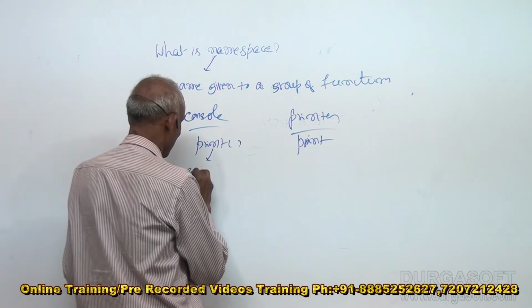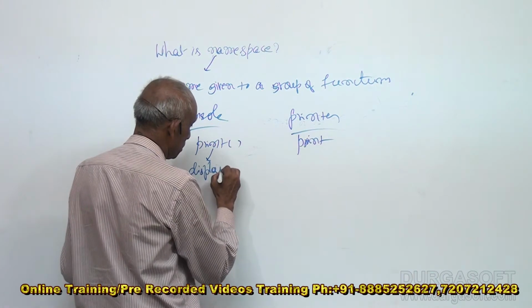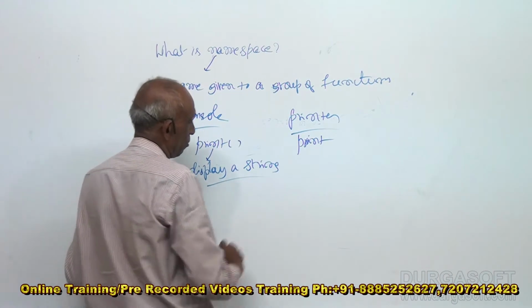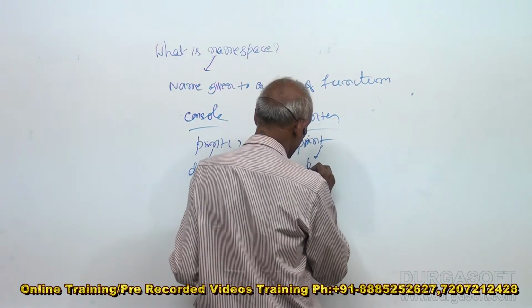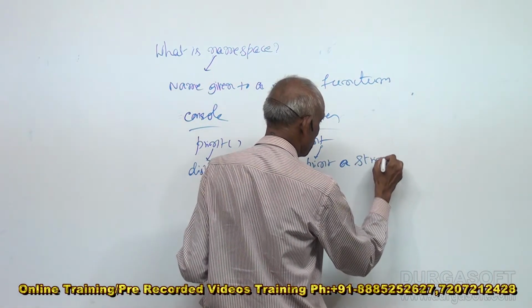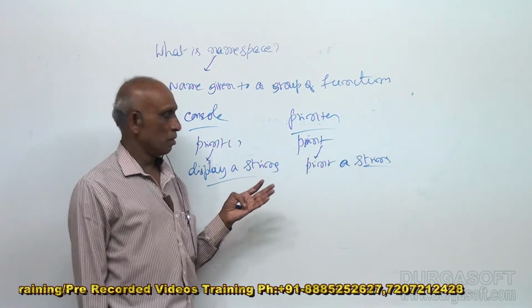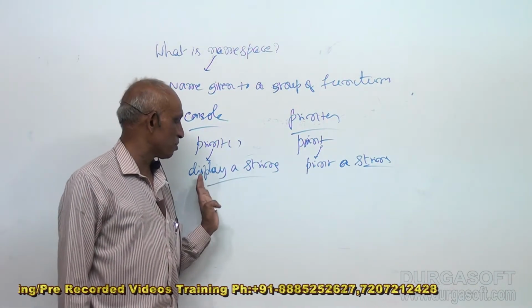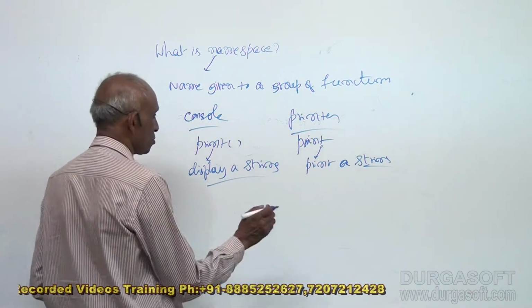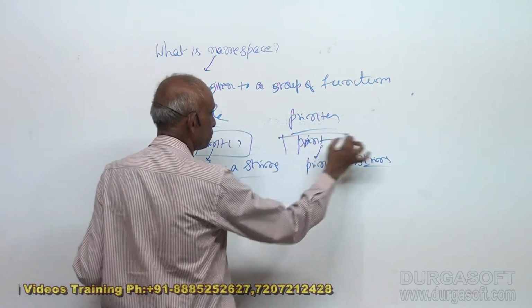This will display a string, whereas in the printer group this will print a string on the printer. So the purpose is similar, console is displaying on console, whereas here it is printing on a printer. The purpose is similar but not exactly the same, but the name is the same.